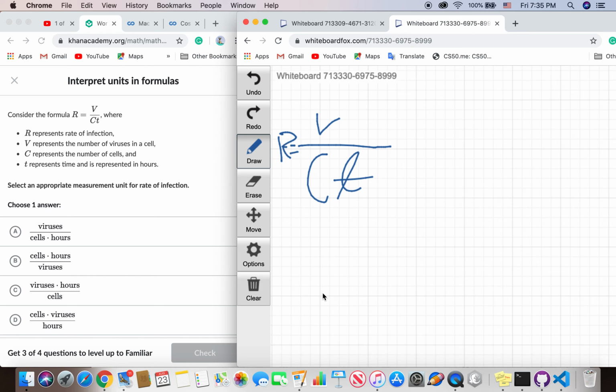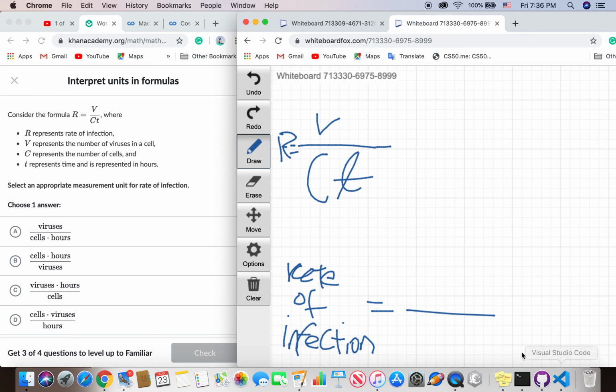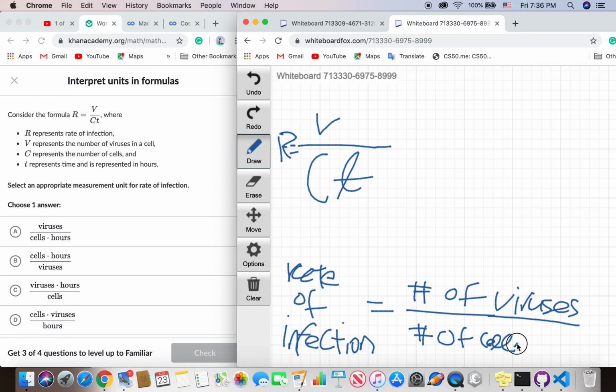So let's put in the meaning. R is the rate of infection, which equals number of viruses, over C, which is number of cells, multiplied by hour.